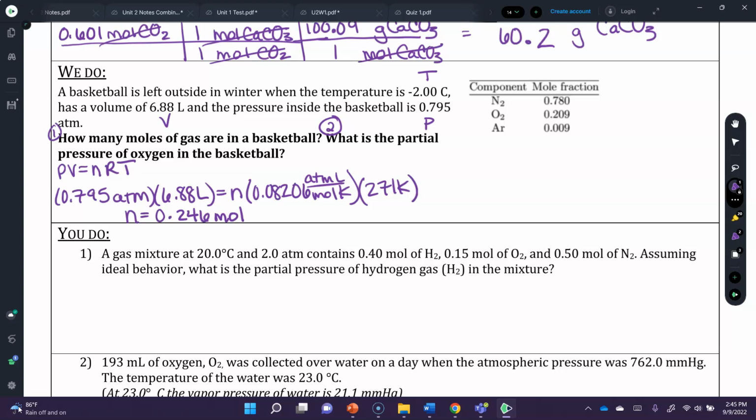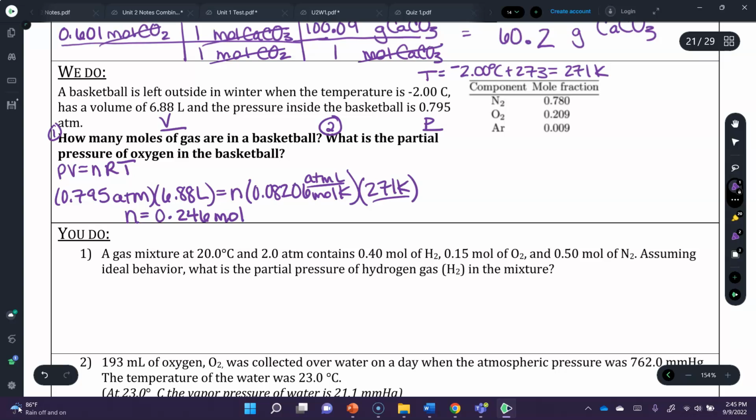Okay, so you should have solved for n by substituting in pressure, volume, and then your temperature should be degrees C, so -2 plus 273 to get Kelvin, which would give you 271 Kelvin, and that's what you would use in here.